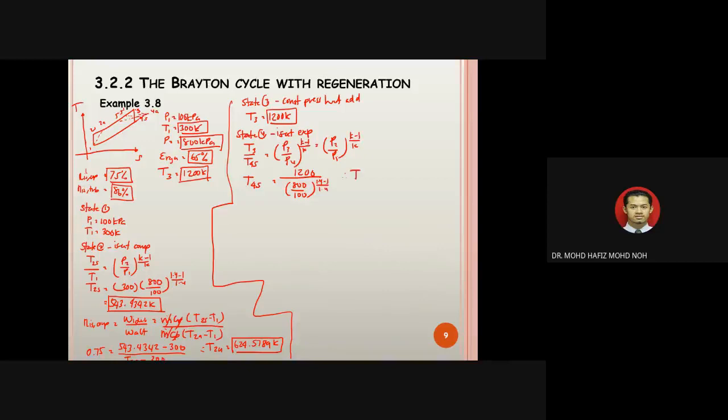So you get the value of T4S, which is equal to 662.